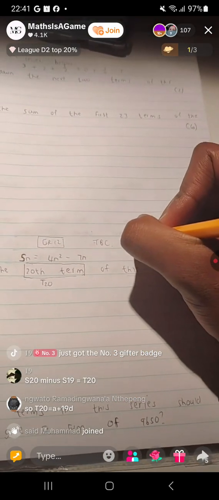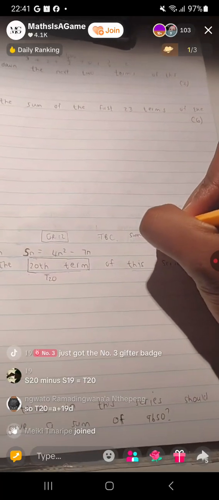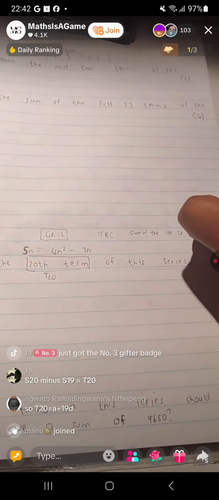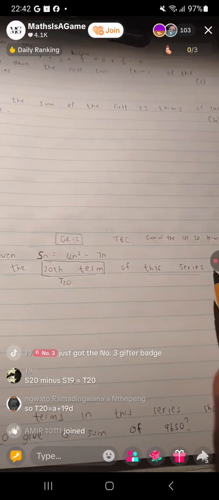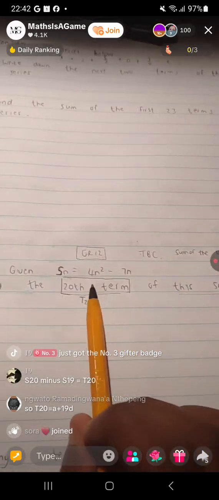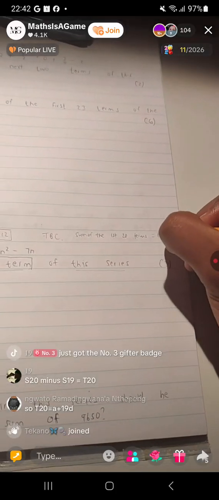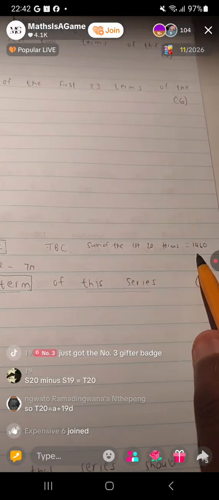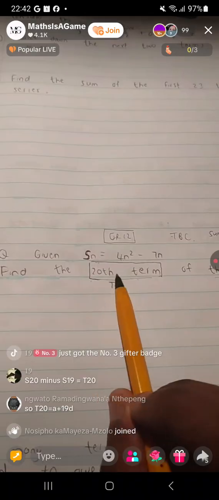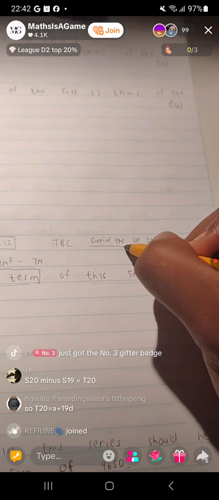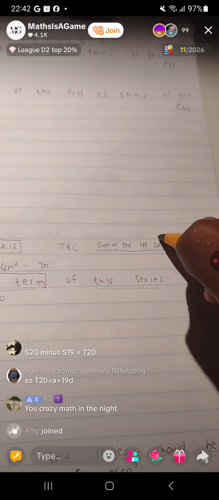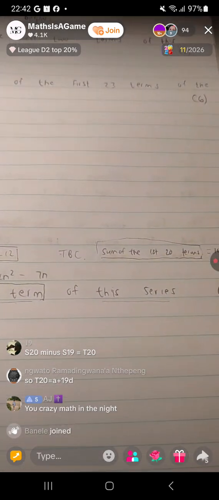We are going to get the sum of the first 20 terms. If that is the only thing you do, substitute into this formula and get the answer, the 1460 that you get, guys, is not term 20. It is the sum of the first 20 terms.